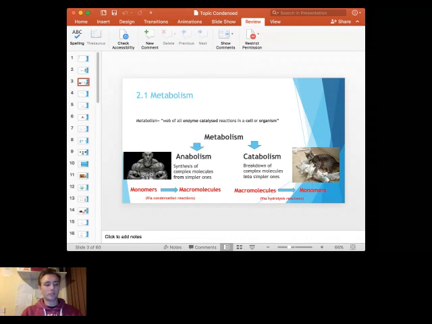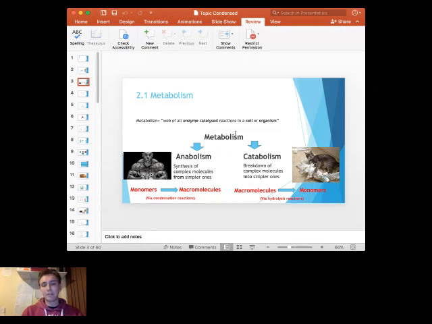The IB also likes to refer to this concept of metabolism. And the textbook definition of metabolism is the web of all enzyme-catalyzed reactions in a cellular organism. Hopefully you guys will understand what this means. Enzymes, as we're going to talk about later, are things that can speed up a reaction, right? So cells and organisms like to have loads of these enzymes so that they can speed up all the different reactions they have to do.